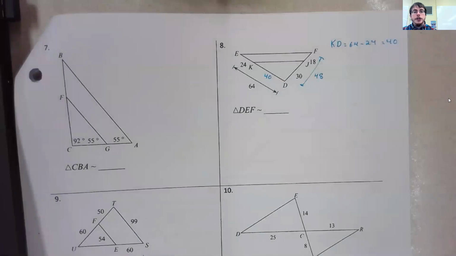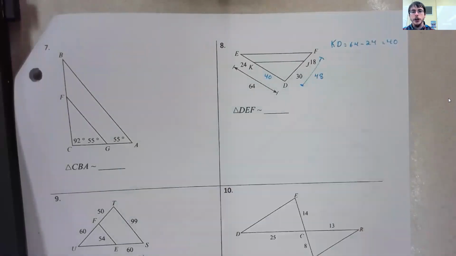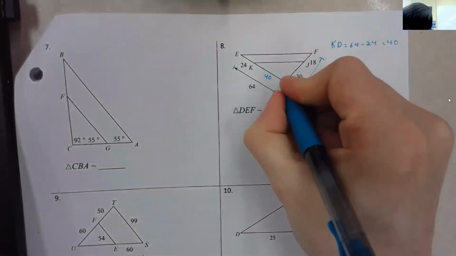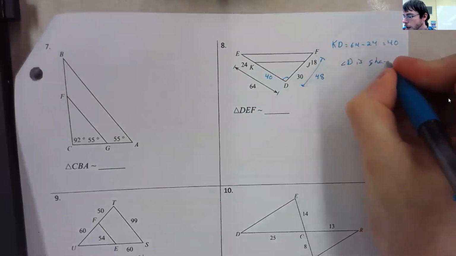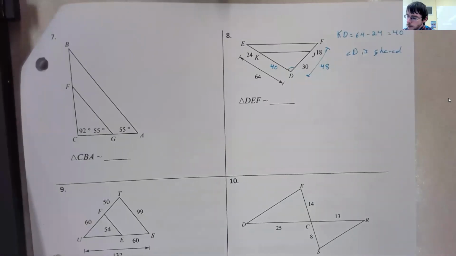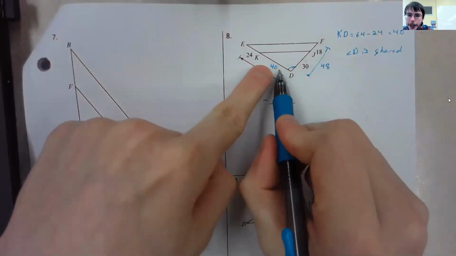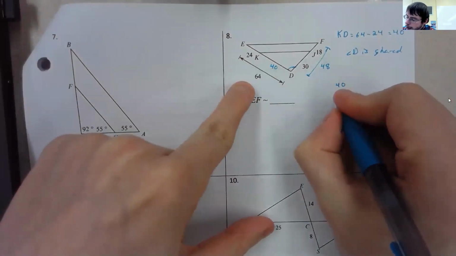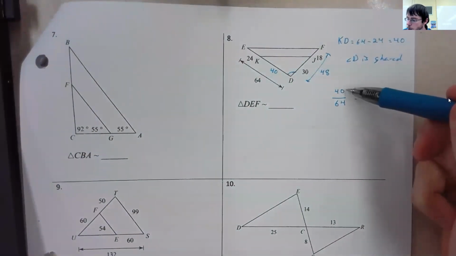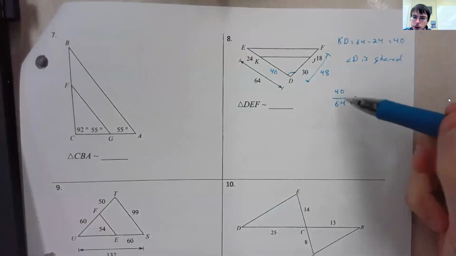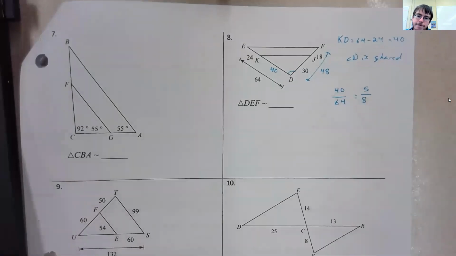So we have two pairs of sides that we can use. We have these sides here for the small triangle and these sides here for the large triangle. And you'll notice that we have angle D, which is a shared angle. So that counts for our one angle that we need. So here we can say we're going to do our ratios. So we're going to take 40. 40 corresponds to 64. 40 over 64, if you divide each one of those by 8, you get 40 divided by 8, which is 5. 64 divided by 8 is just 8.